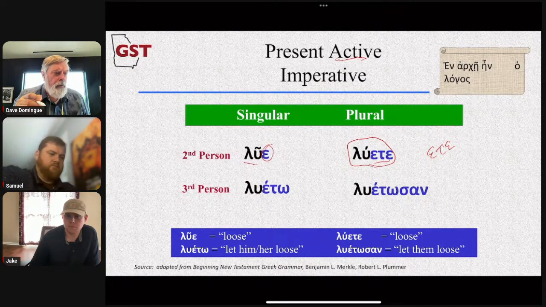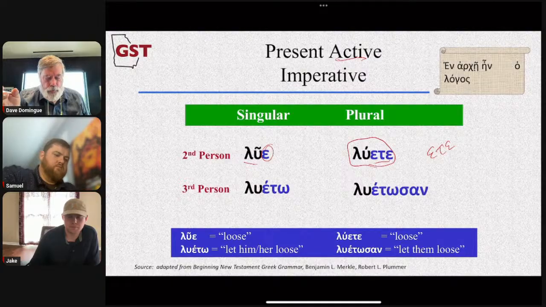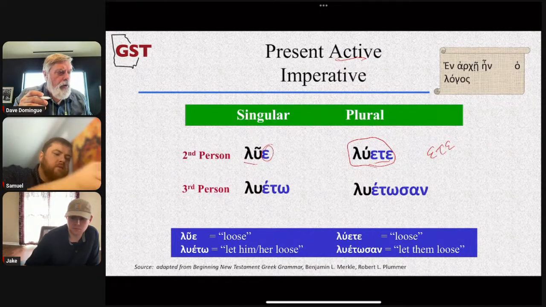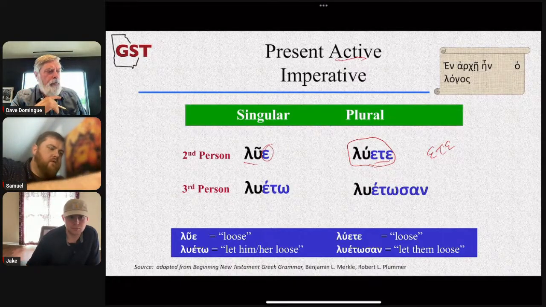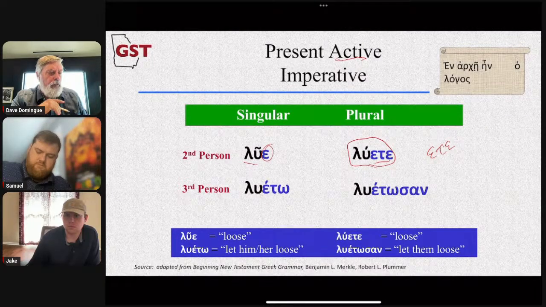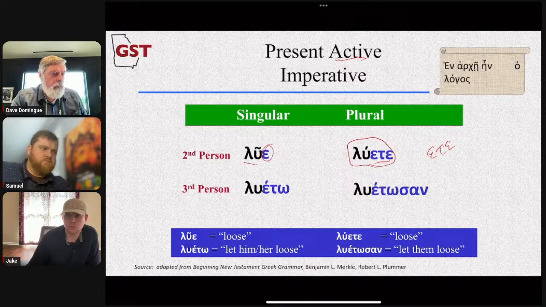I'm not sure, but the pistin is in the dative form. The ending of luso, second person singular present middle passive, looks just like the second person singular middle passive ending of the imperfect indicative. I'm losing it today.